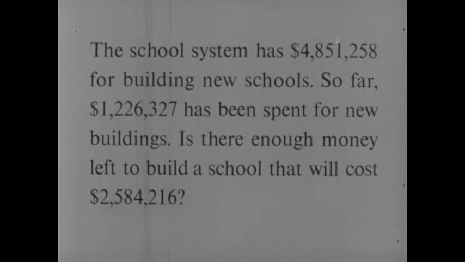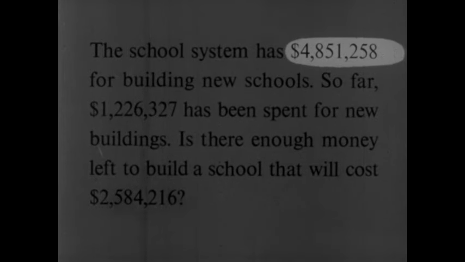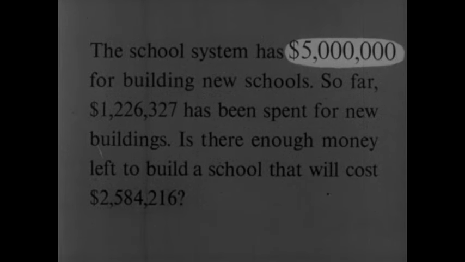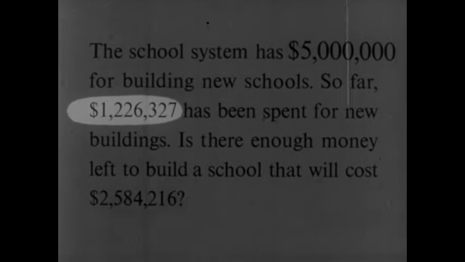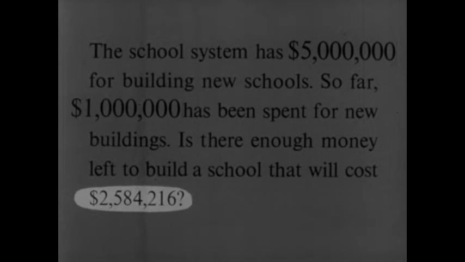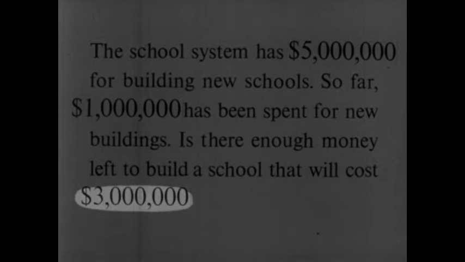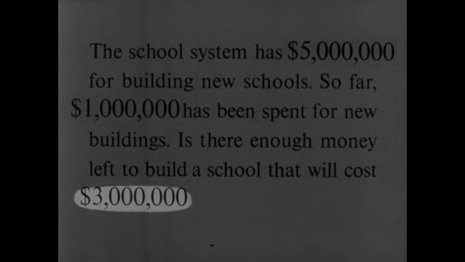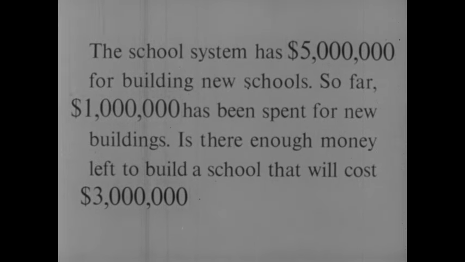Let's round off the large numbers in the problem to the nearest million. This number, rounded off to the nearest million, is 5 million. This number can be rounded off to 1 million. And this one to 3 million. Now let's look at the problem again.